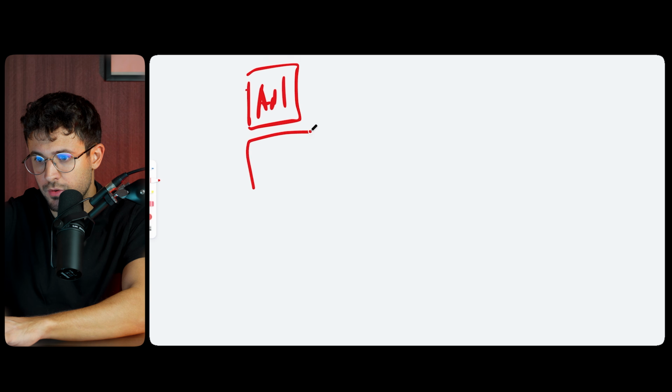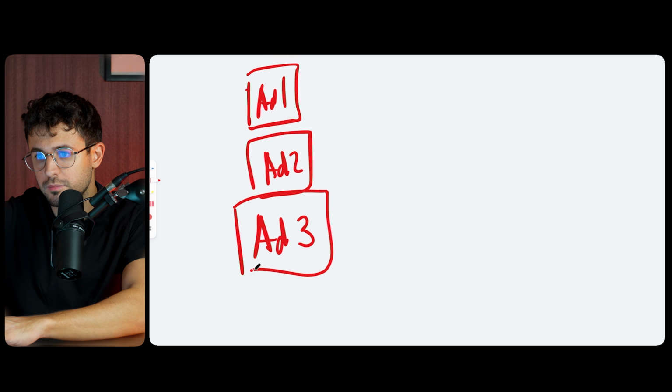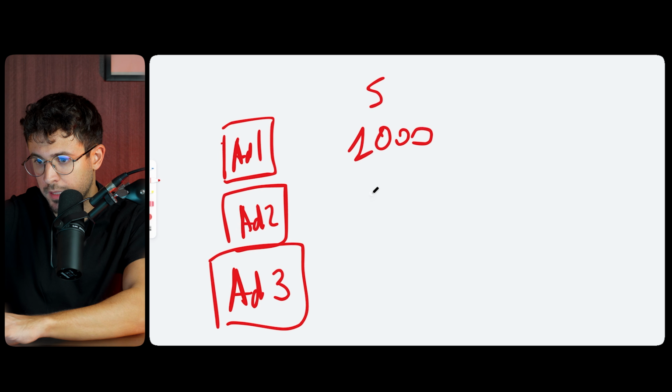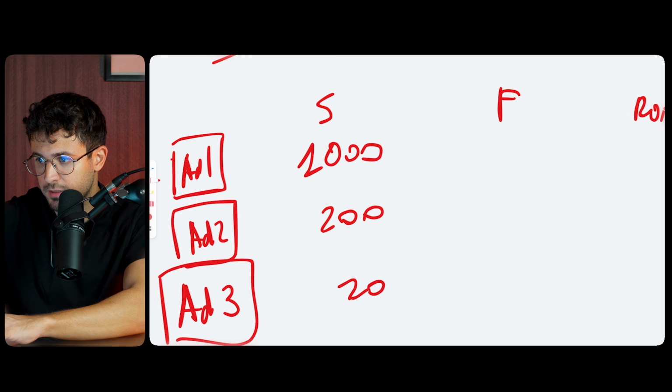So let me give you another example. Let's say this is ad number 1, and then you have ad 2, and then ad 3. Now let's talk about spend. Let's say this one is spending 1,000, this is spending 200, and this is spending 20. Frequency, this is all 7 days, okay? And ROAS.